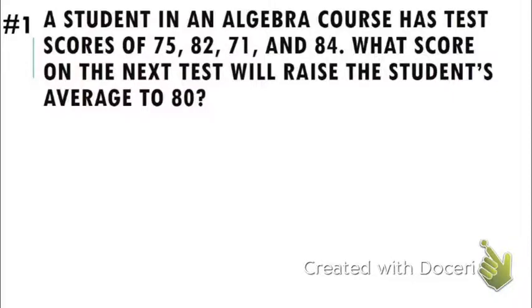How would you approach this problem? Add them all up and divide. Divide by what? Is it 4 or is it 5, and why? We want to find out what the next score is.